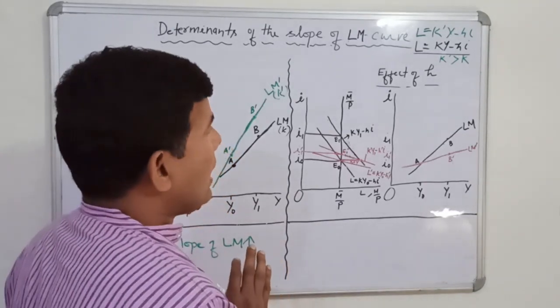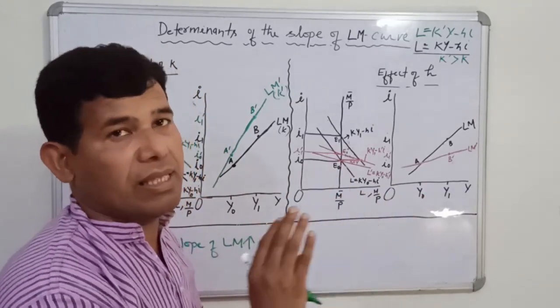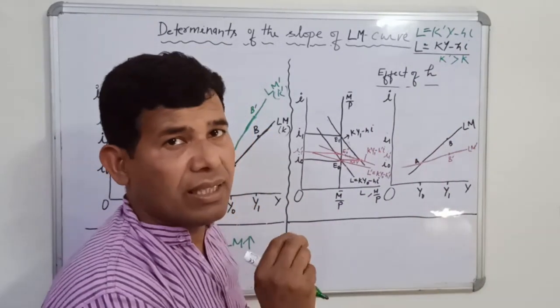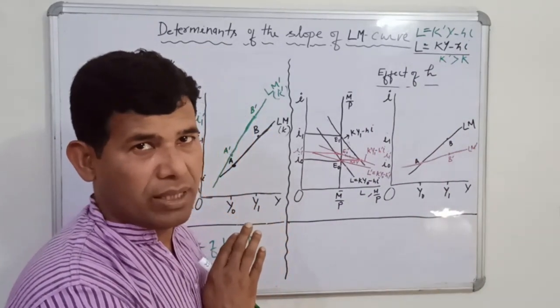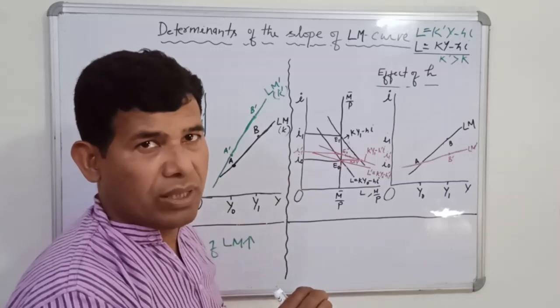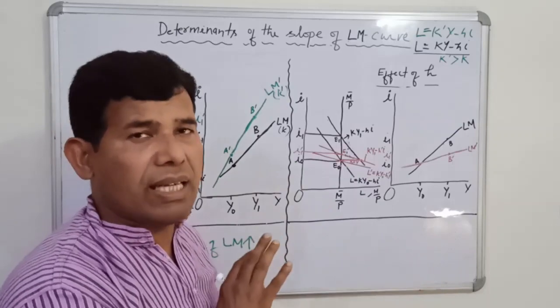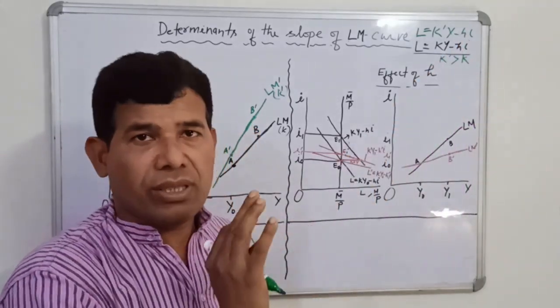To what extent they are inversely related is decided by the value of H. If H is higher, a little change in the interest rate would cause more change in money demand. And if H is lower, even a higher change in the interest rate would cause less change in money demand. So that is the significance of H.